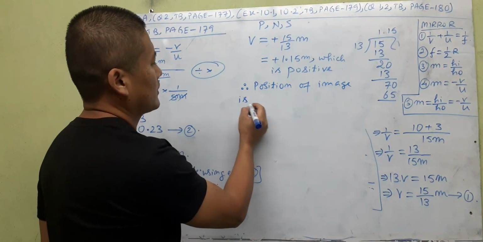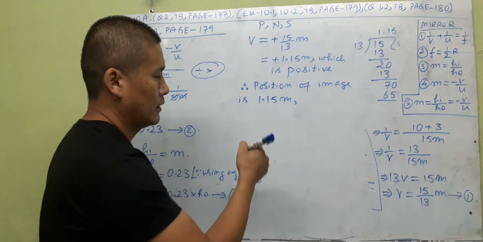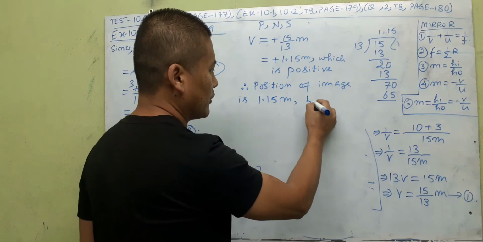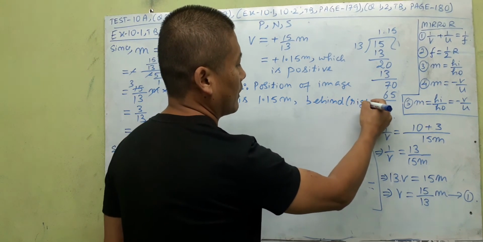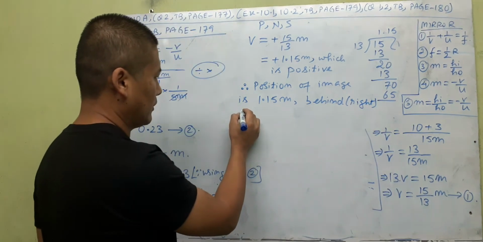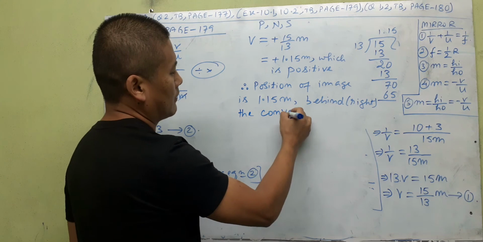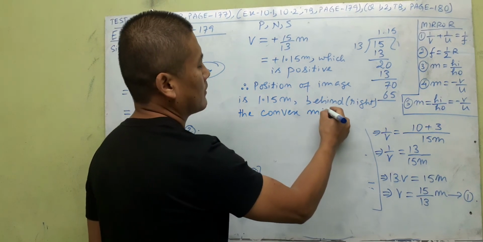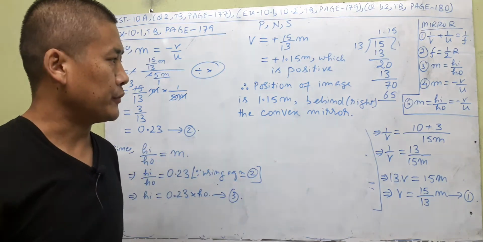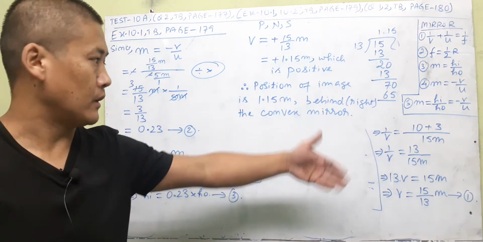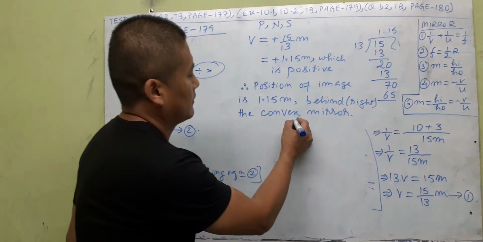Position of image is 1.15 meter, plus means, as we now know from sign convention, behind, or we can also write in bracket, behind or right behind the convex mirror. Plus is telling us that the image is behind or on the right side of the convex mirror of the car in front. Okay, so that is the first answer.